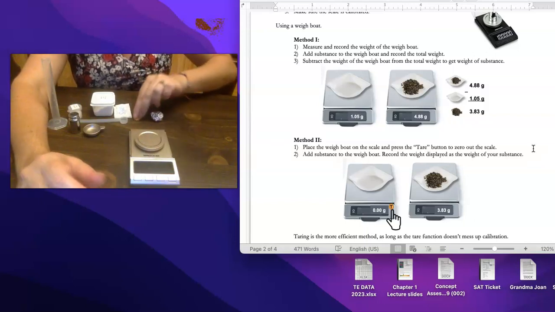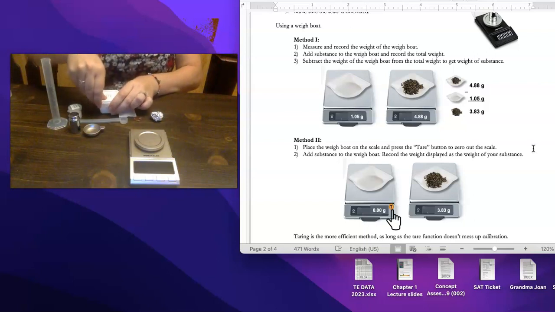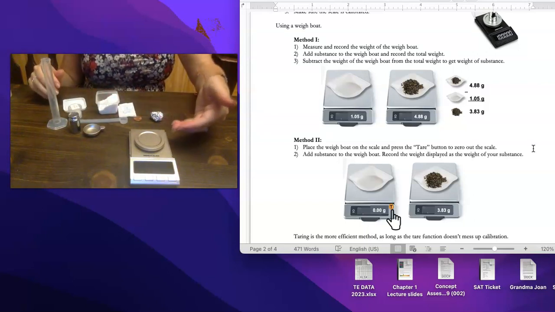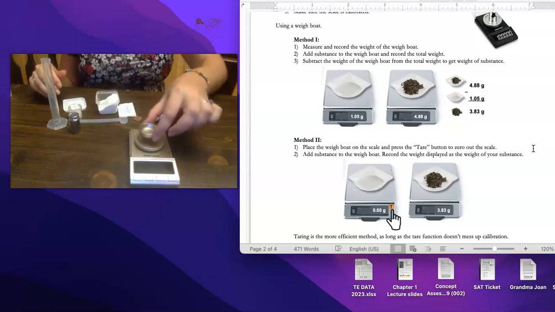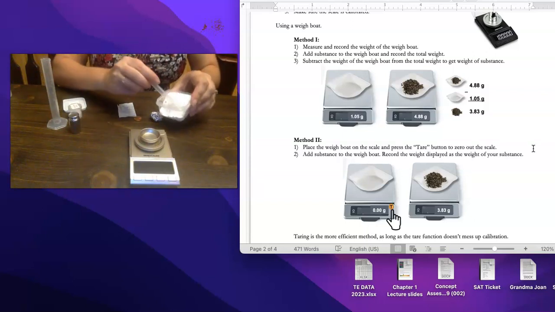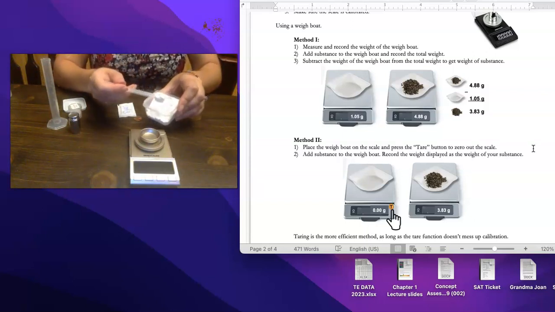But for some of the powders, we don't want to put chemicals directly onto the scale plate. We want to put it in some kind of weighing device, like a weigh boat, or this weigh pan, and that way you can scoop into that weighing device.